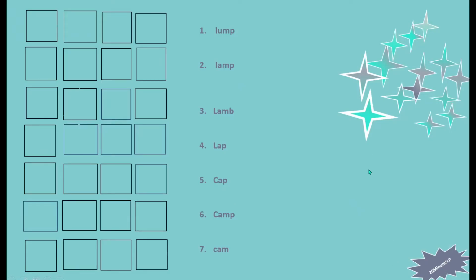So let's look at how we do this. We have 7 words here. Now, when I give you your words, you won't be able to see them. You'll only hear them. But they're written here to help you understand what we're doing right now. The first word is lump. I will say lump and you will say each sound.